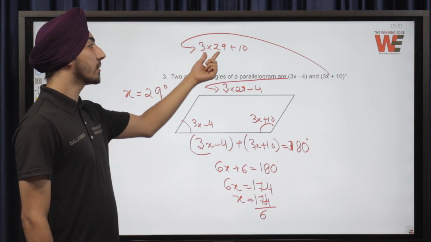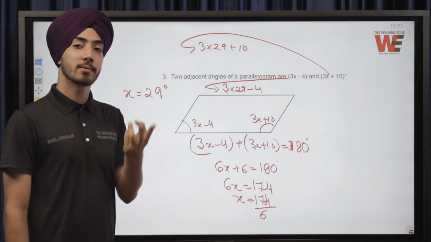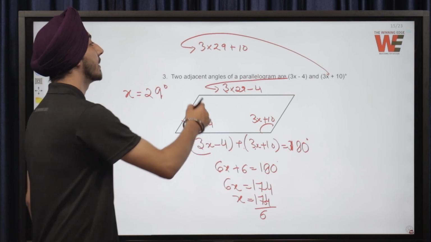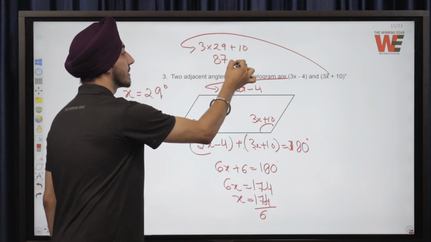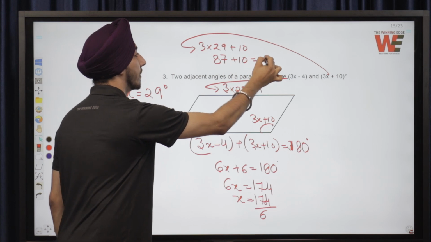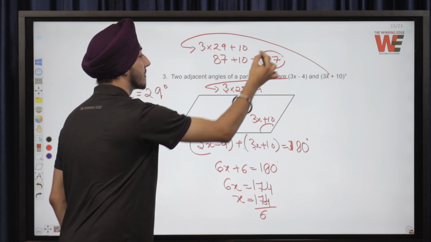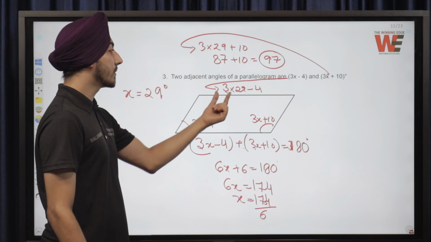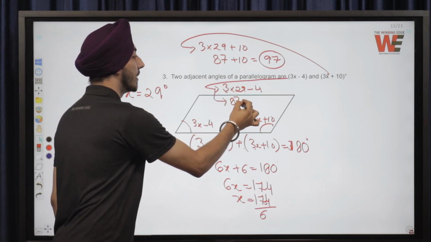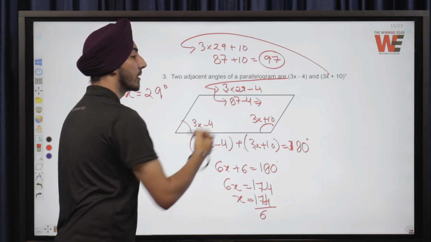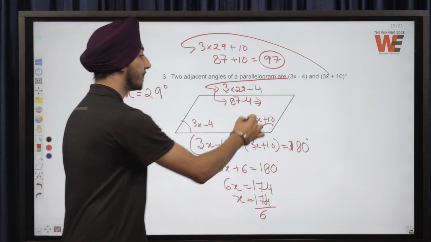But 29 is short of 30 by 1. So 3 times we'll remove from 90. So 90 minus 3 will give you 87. So 87 plus 10, this will give you 97. So this is the value of the second angle. Whereas for the first angle, this is again 3 into 29 will give you 87 minus 4, which will be equal to 83.